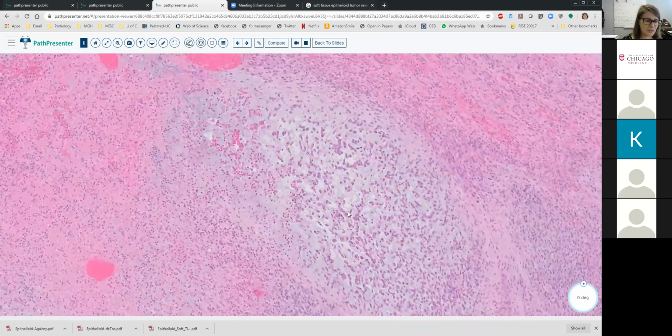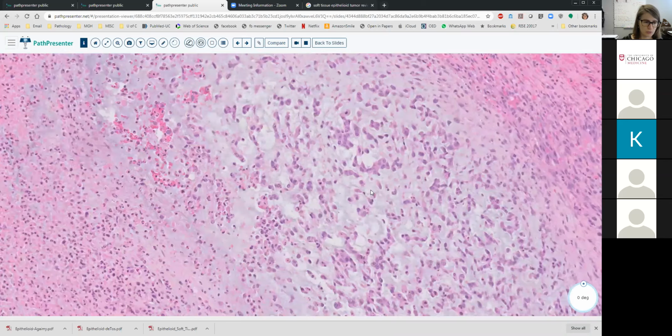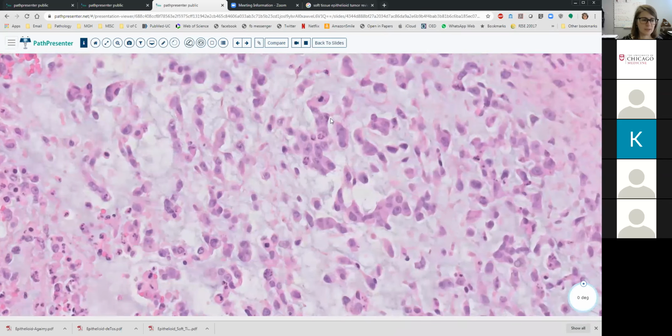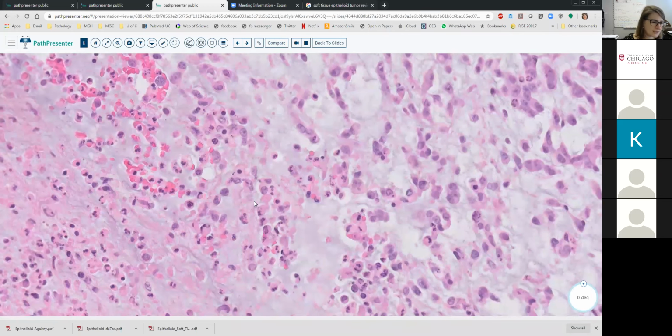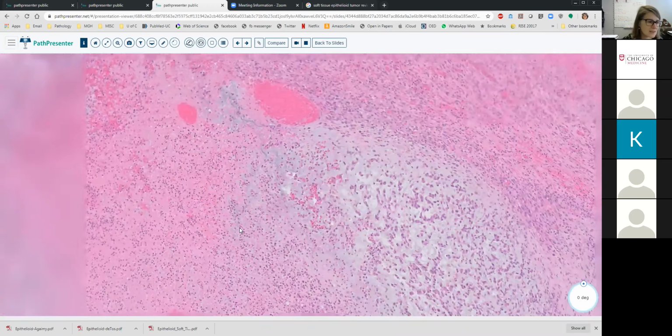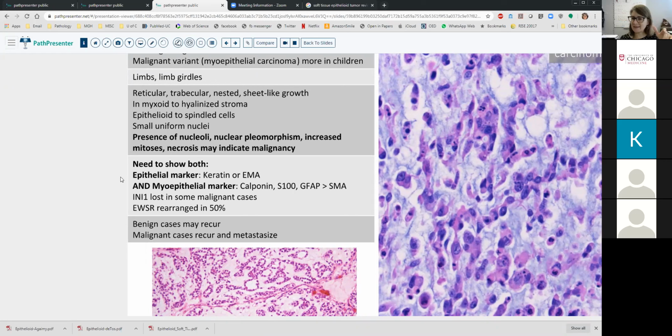The things you need to prove are, first of all, are they benign or malignant? I think we can all suggest that this is probably already malignant. There's lots of mitoses. I think there was necrosis. But what's most important to say that it's a myoepithelial neoplasm to begin with is it has to have either keratin or EMA, some kind of epithelial marker, and some kind of myoid or myoepithelial marker.